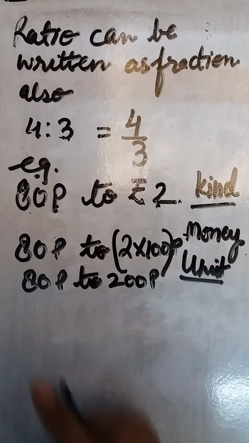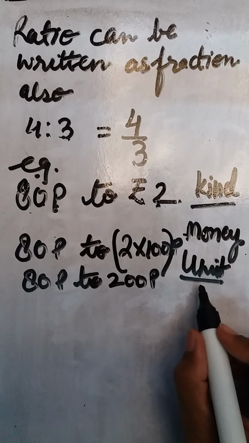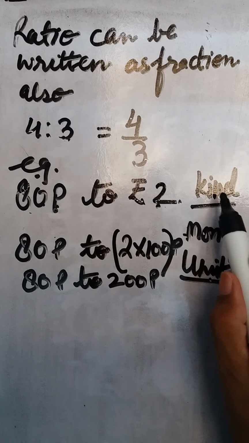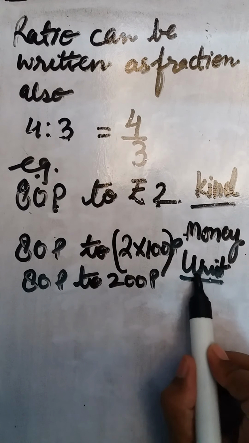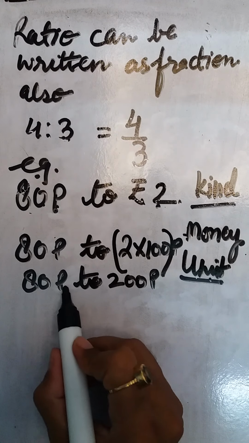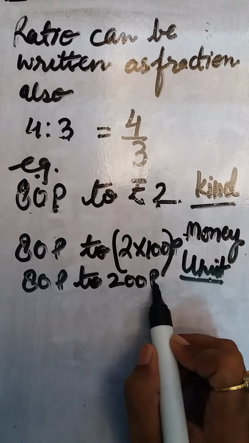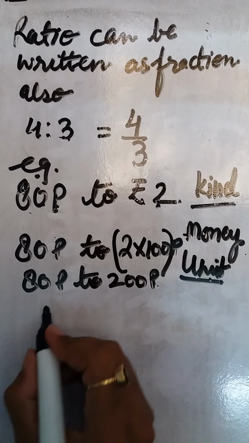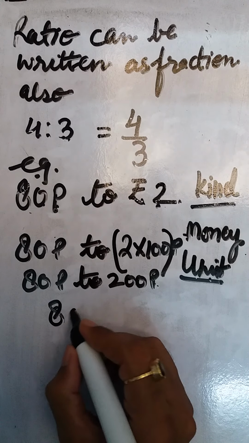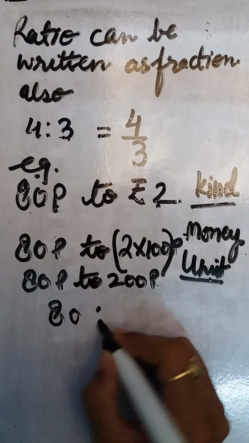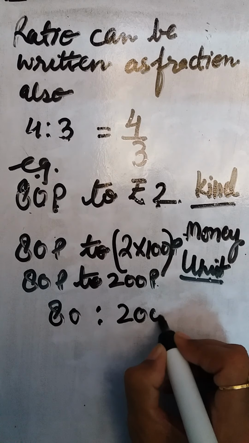And now one more condition is, along with this, that the kind should be same and the unit should be same. Ratios are free of their units. When we write them and solve them, we will not write their units along with it, and we write them in the form of ratio in this manner.